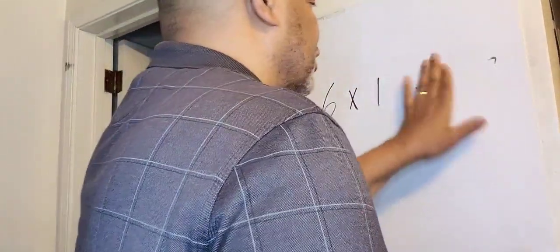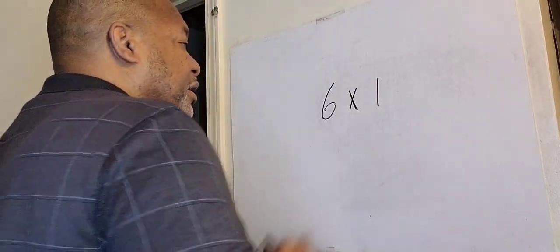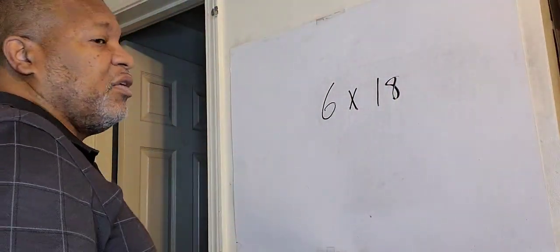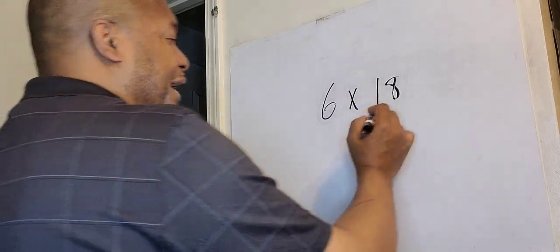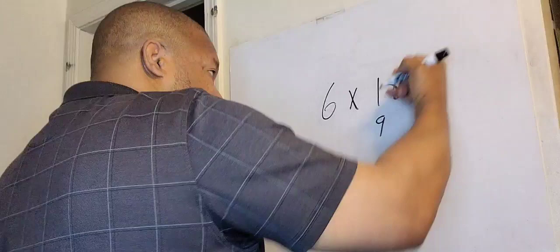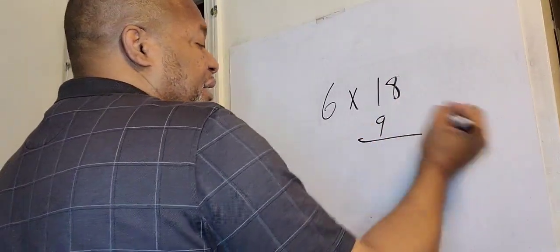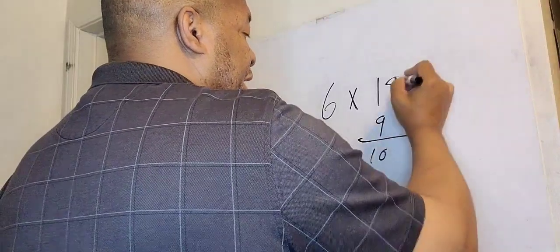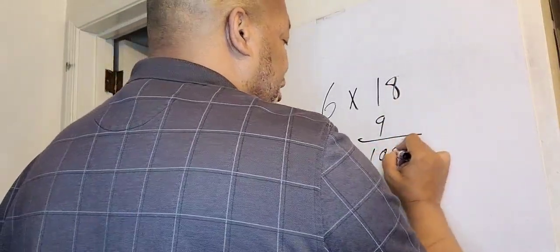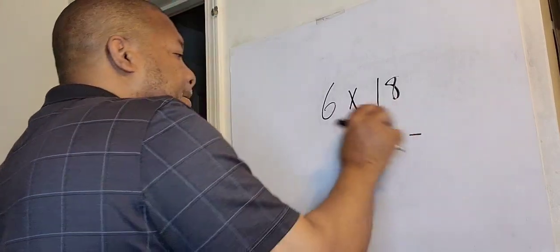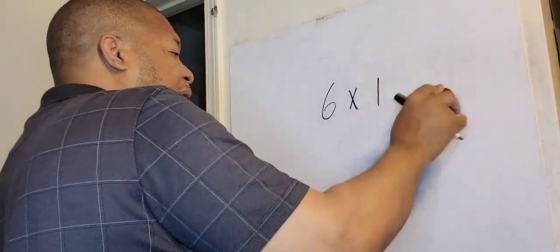All right, let's get rid of all this stuff here. 18 is an even number. So again, all we do is we just put down half of that, which is 9. And then we add the 18 back to it, and we do our columns. So we've got 1 and 9 is 10, and then we got an 8, and it's 108. Very good. Let's do 19, and we'll be able to stop at 19.